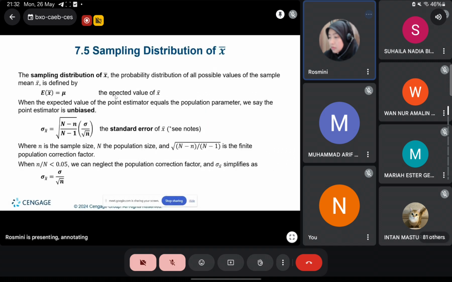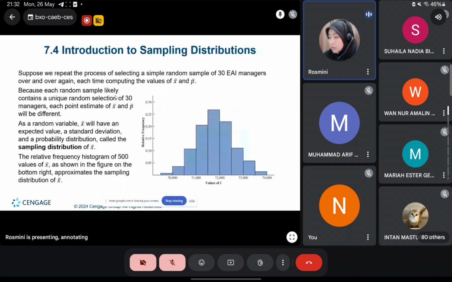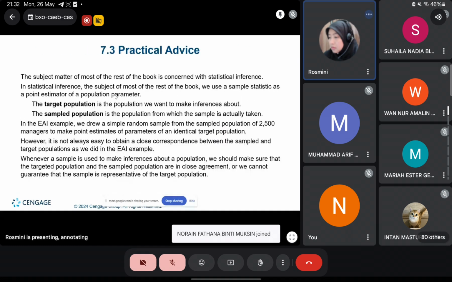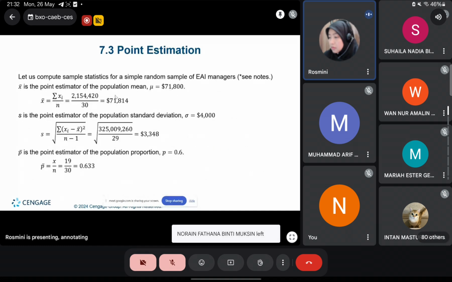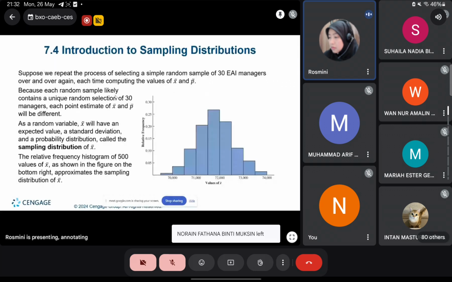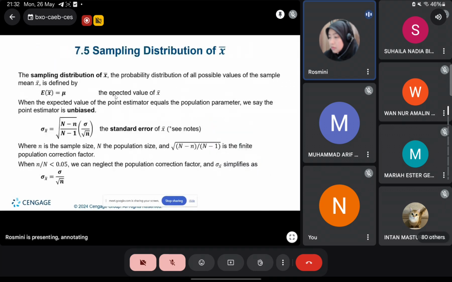It is said that the expected value of x bar is actually mu.